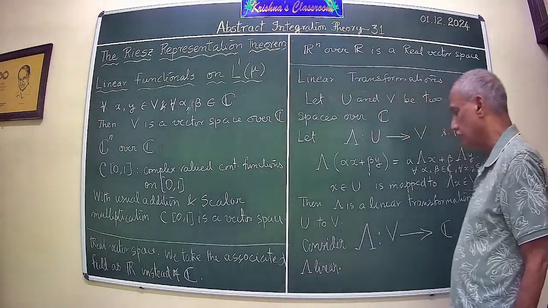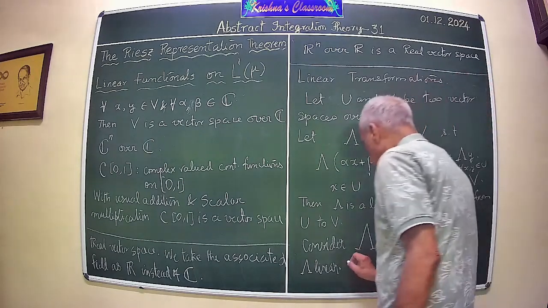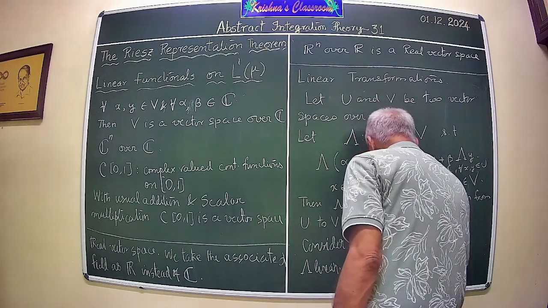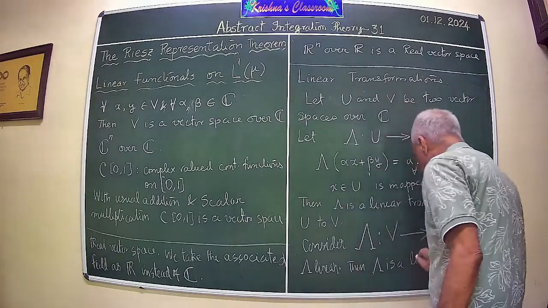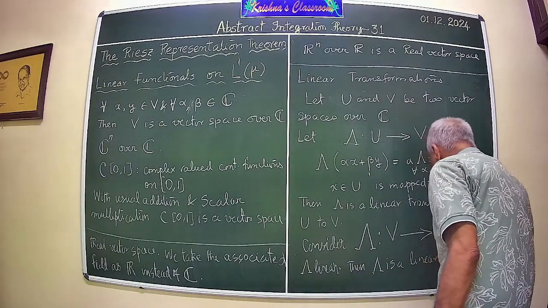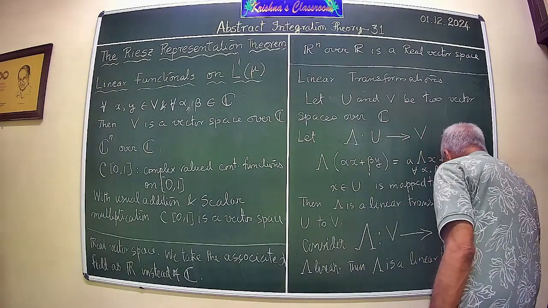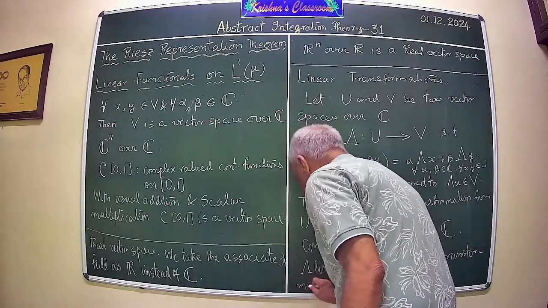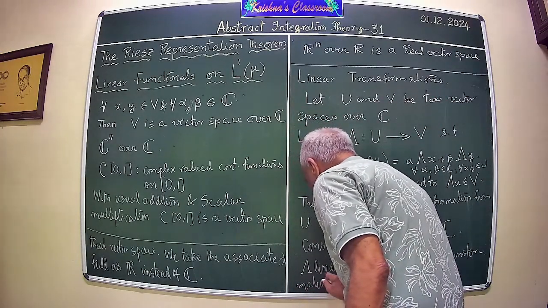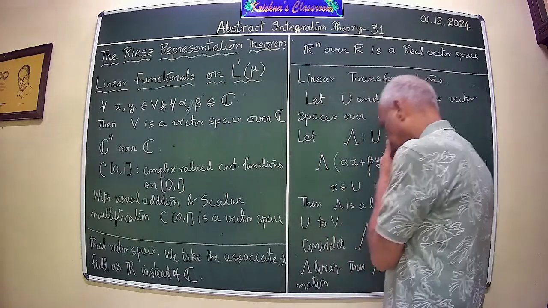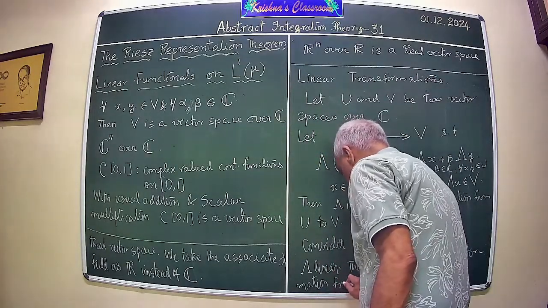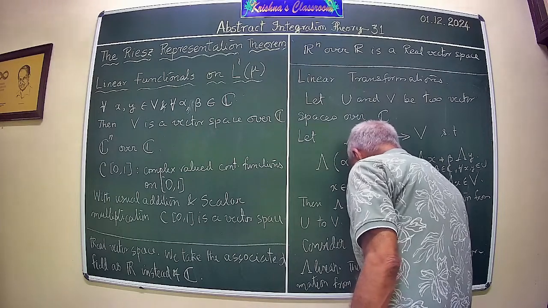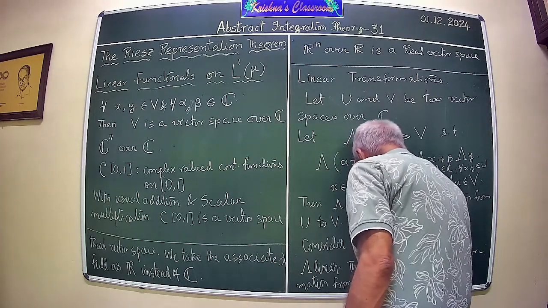Then lambda is a linear transformation from V to C.